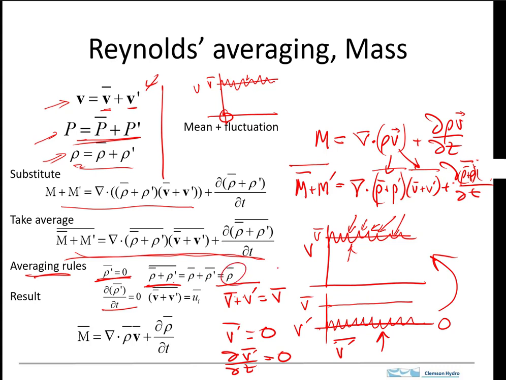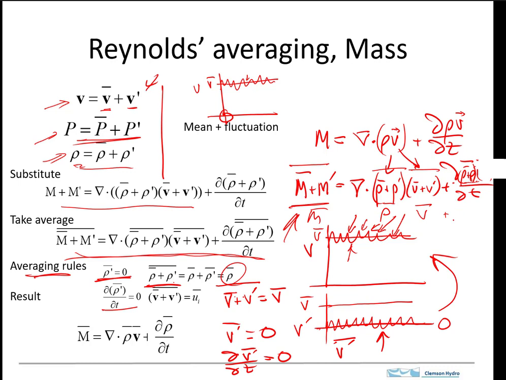Given that, we can go back up here and see that this is just going to equal the average, and this is just going to equal the average, and this is going to equal the average here as well.